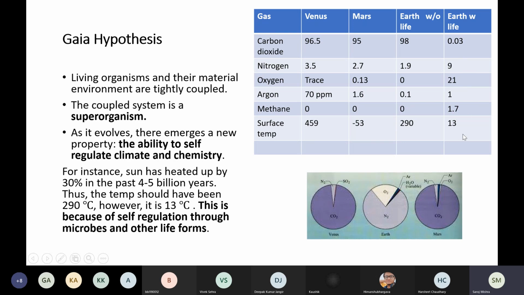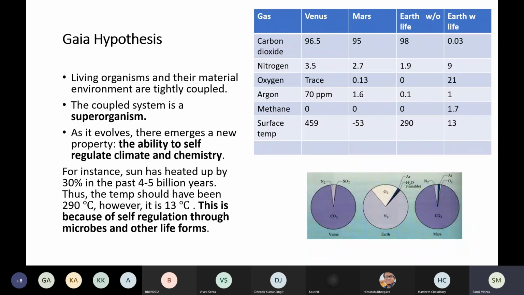Okay, so in other words, it is true that because of the microbial activity, Earth per se does not really behave in isolation, but along with the microbial activity, it is now a totally different type of system which has the capability to regulate its chemistry strongly, as shown by the different gases, or it is able to regulate its temperature to only 13 degrees, the Earth temperature.